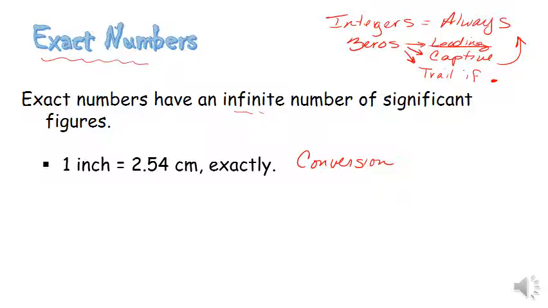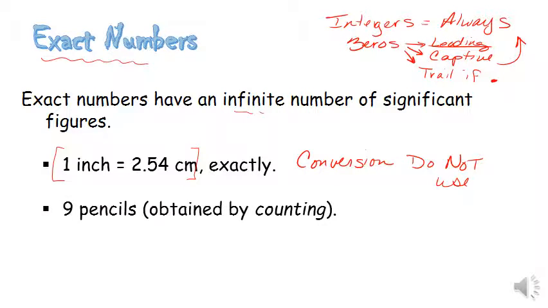So if you convert a number, this is what I would like to think of as a known quantity. This isn't something you measured in the lab. It is a conversion unit. So we do not use it to calculate significant figures. They don't play sig fig games, is another way to think of it.